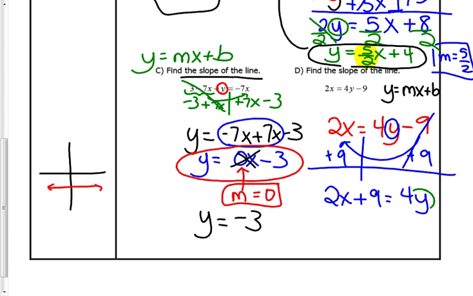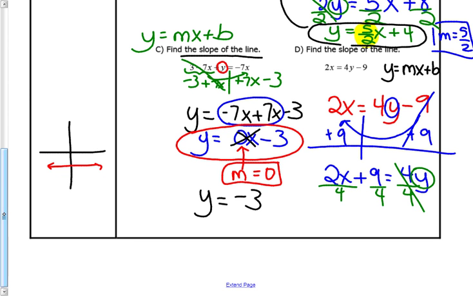Y is still not alone. The 4 is being multiplied by y. So to get rid of it, I'm going to have to divide everything by the 4. Okay? So that would leave me with 2 divided by 4.